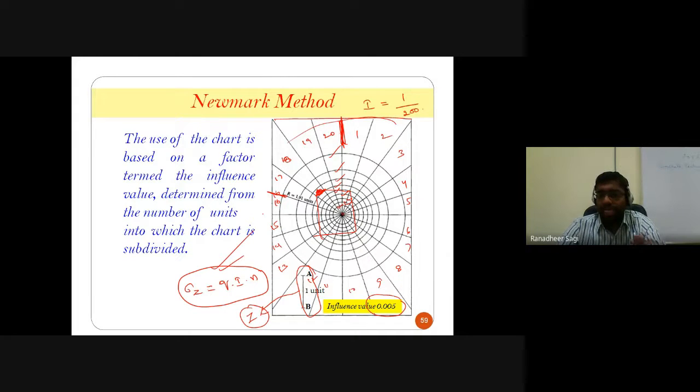Okay, as this is a basic fundamental course, we are not going into much detail of how the other aspects of stresses are calculated and so on. To the extent that is basically required, we are moving ahead.